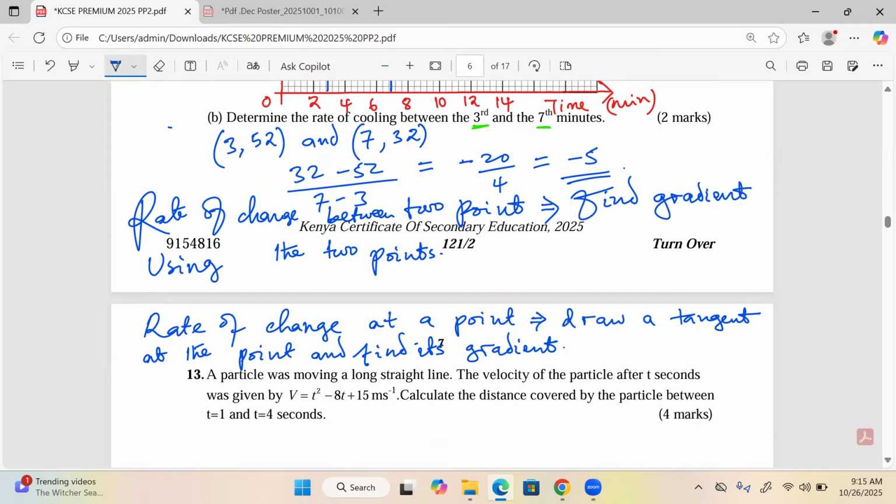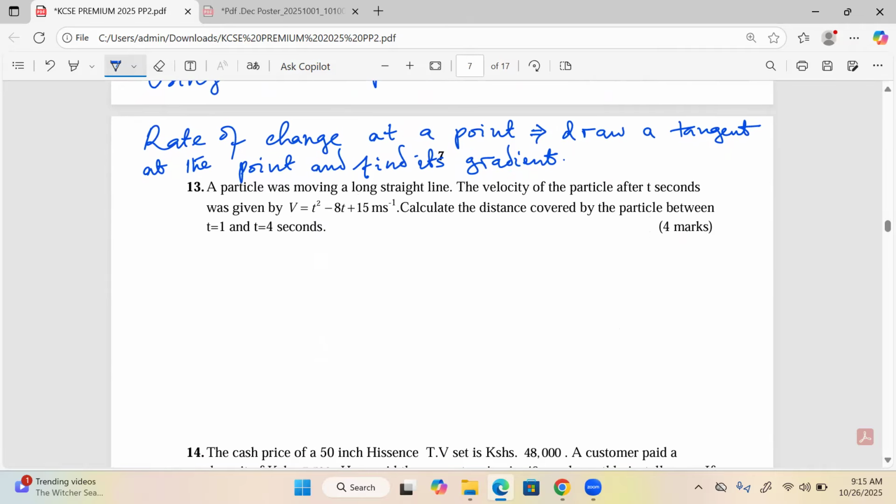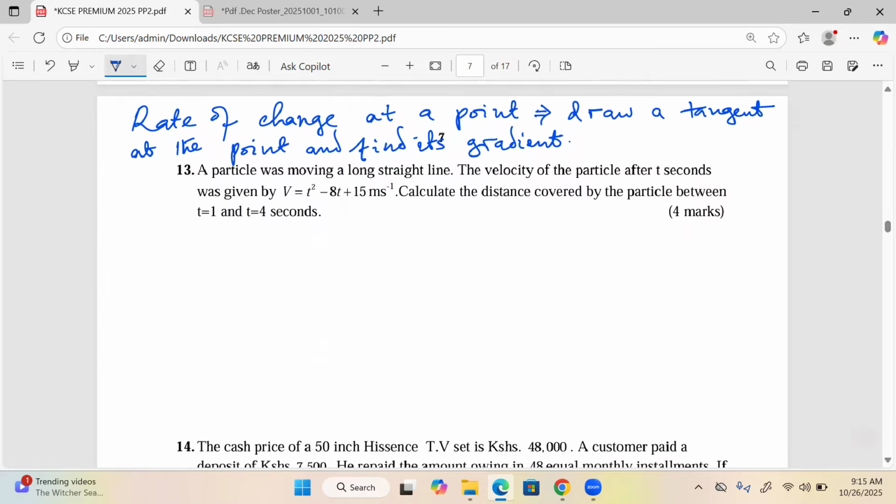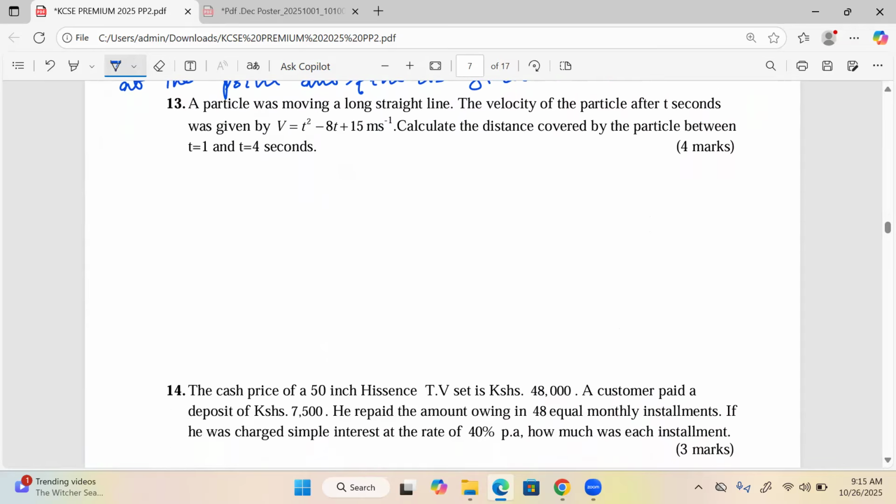So these are commonly tested questions on rates of change. It's called graphical work, the last topic in Form 3 work.